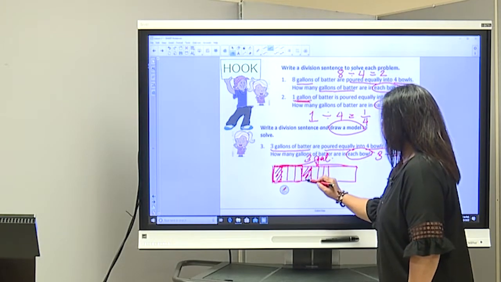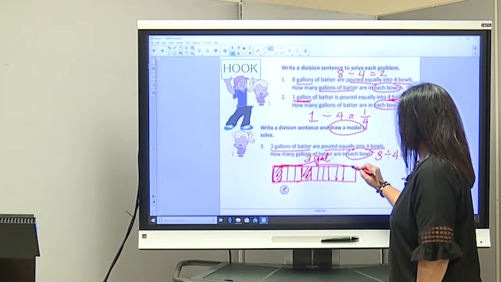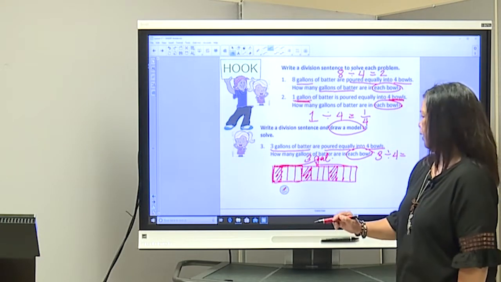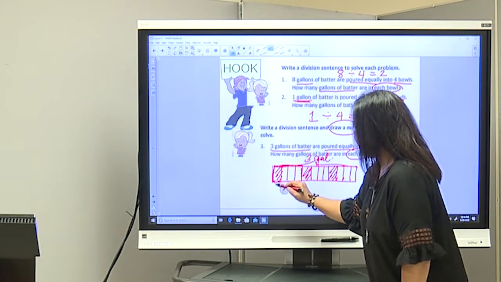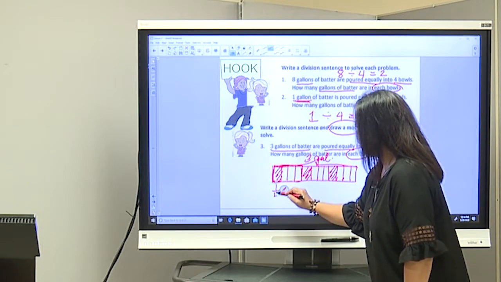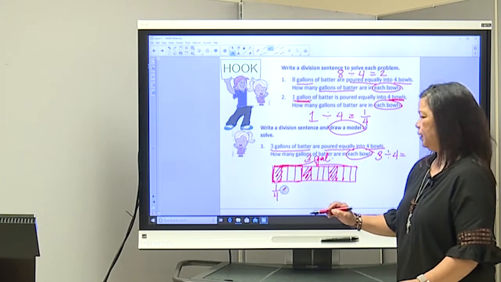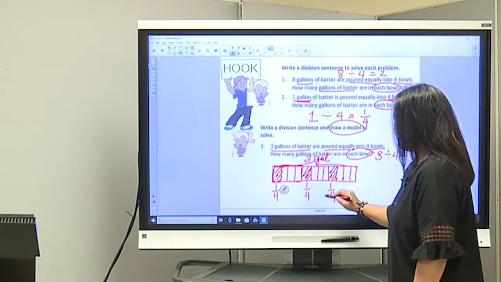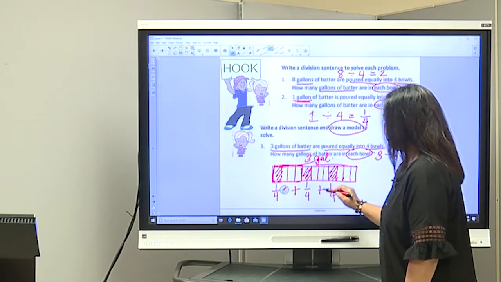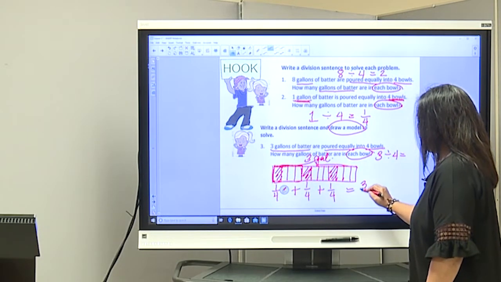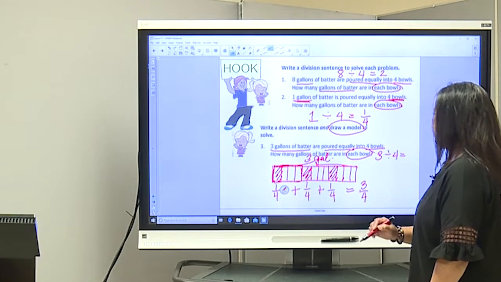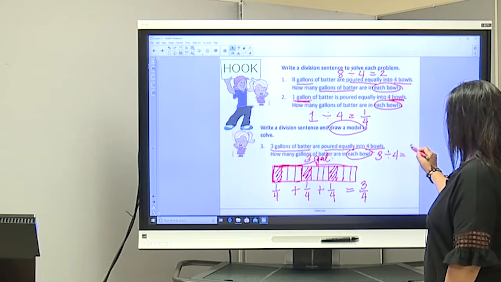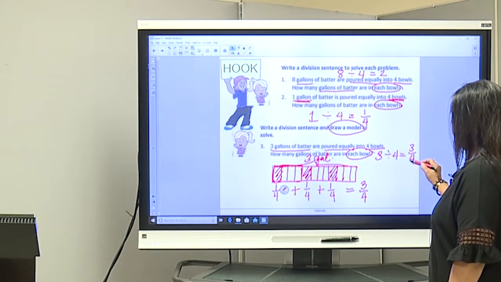Here's another gallon, and 1/4 over here. So what does that mean? I have put 1/4 in one of the gallons, 1/4 here, and 1/4 here. Putting them all together, we get 3/4 of batter in each bowl. So what does that mean? 3 divided by 4 is 3/4.